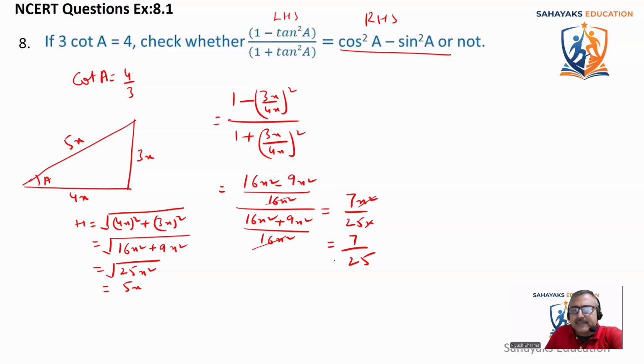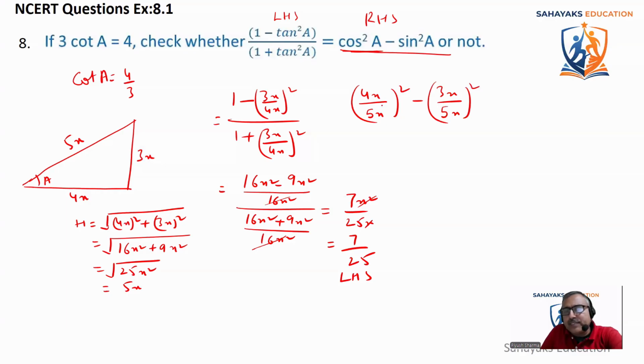Now this was LHS. Let's find out the RHS, right hand side. What exactly is the value? When you say cos square A, what is cos square A here? We'll put in the value. It is (4x by 5x) whole square minus sine square A. Sine square is (3x by 5x) whole square.